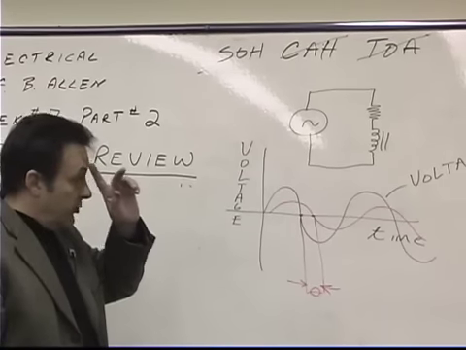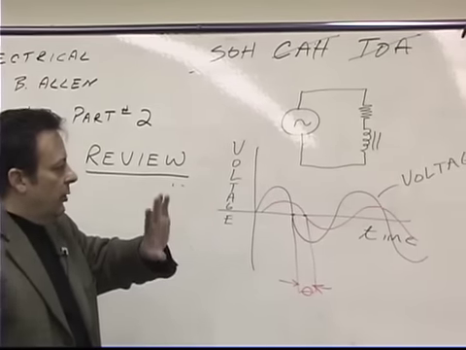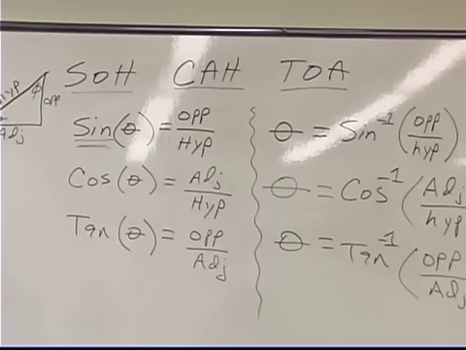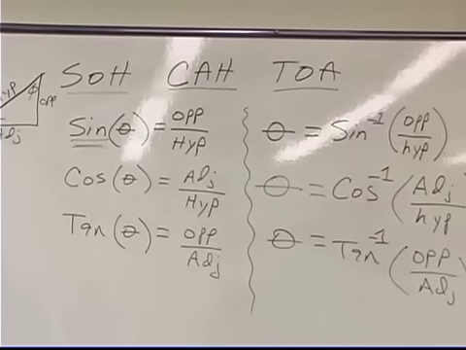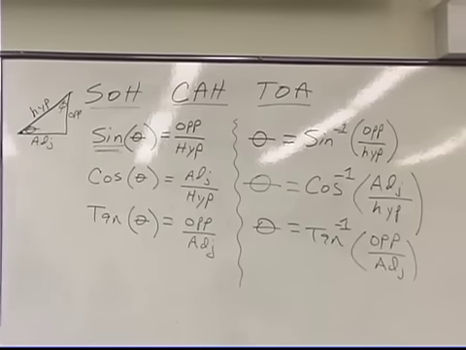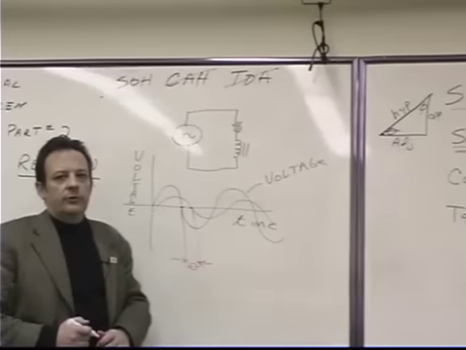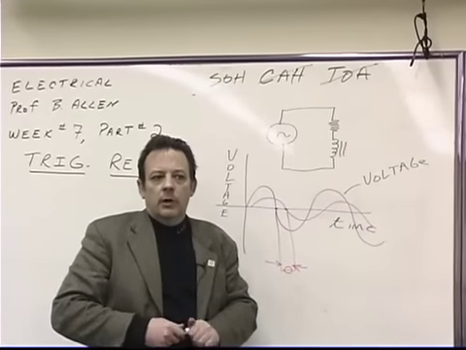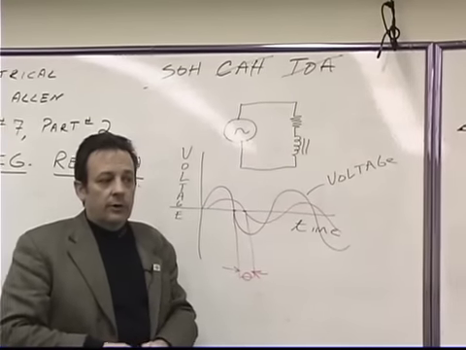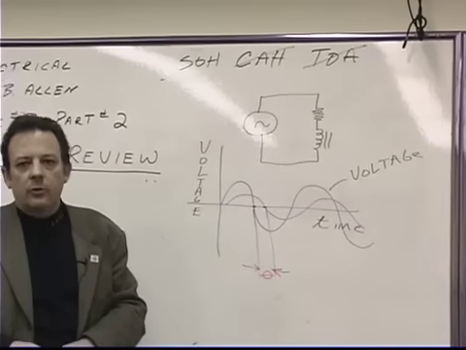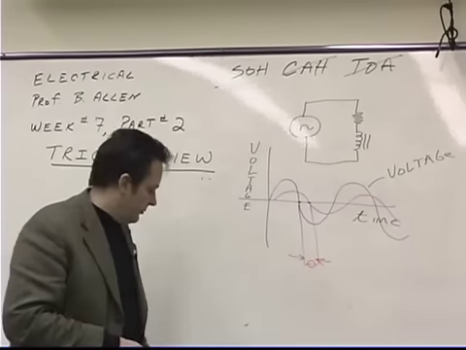But solving these triangles refers directly to AC circuits and the phase displacement between voltage and current on an oscilloscope. Okay, so it's very applicable and very useful, and something that you're going to have well mastered in order to be able to do the problems.